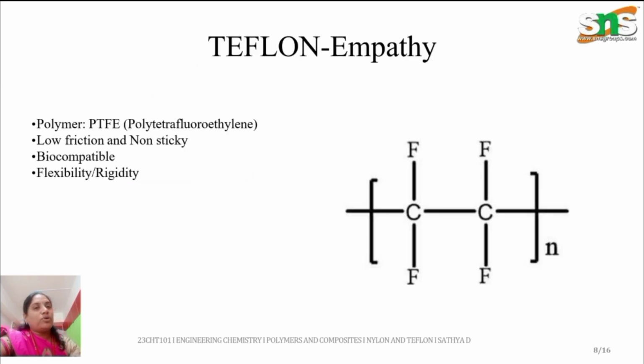The next important compound is Teflon. Teflon means polytetrafluoroethylene. This compound has low friction, is non-sticky, biocompatible, flexible and resistant. Where is Teflon used in our home? In all non-stick cookware we use Teflon coating.